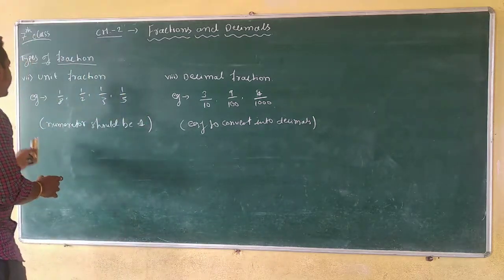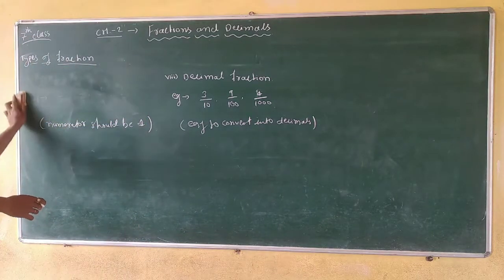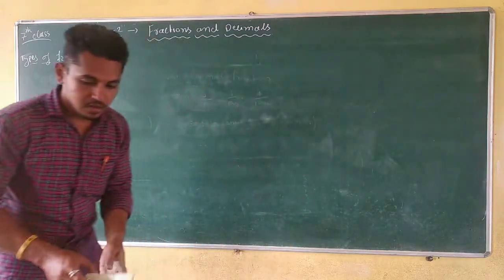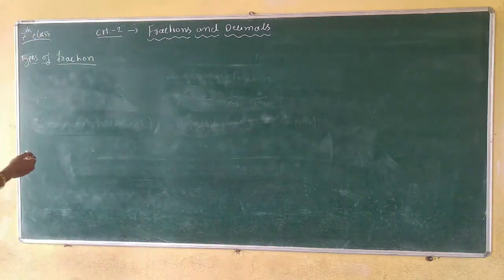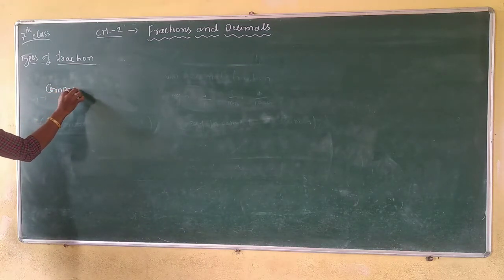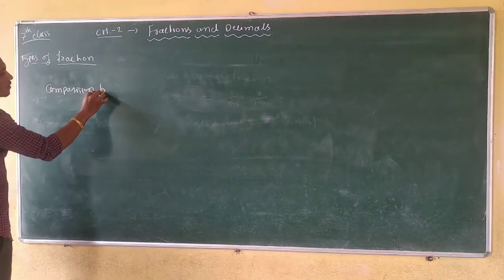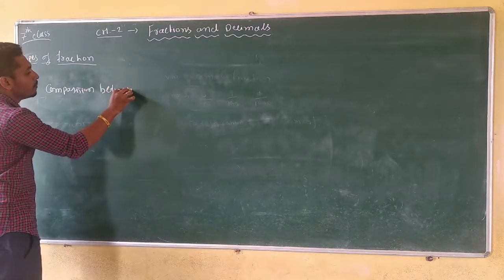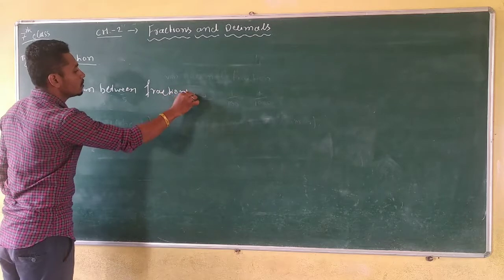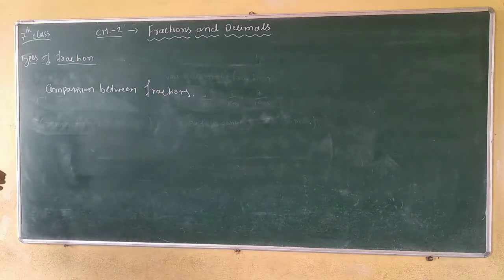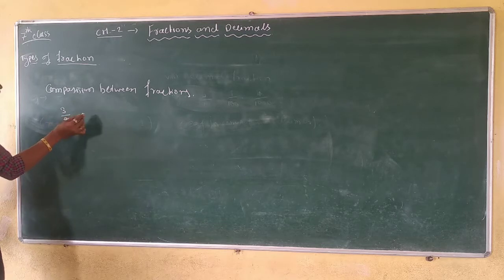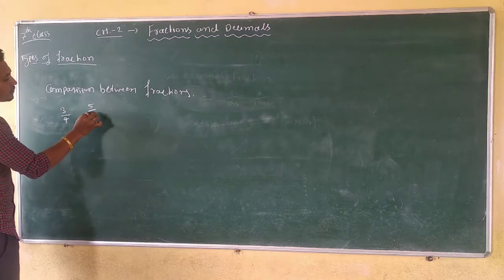Now we have to compare fractions. Comparison between fractions. How do we compare fractions? First I will give some examples. 3 divided by 4 and 5 divided by 4.